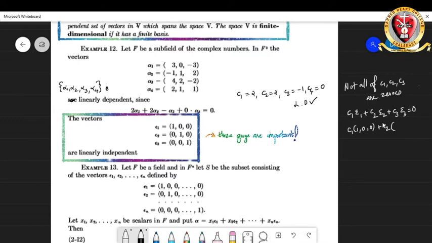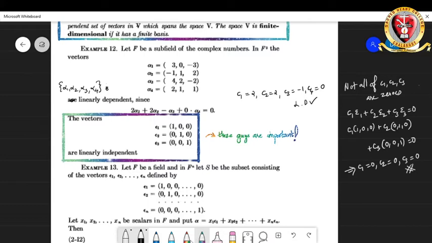That means this plus C2 into 010 plus C3 into 001 is equal to 0, but that will imply C1 is equal to 0, C2 is equal to 0, C3 is equal to 0. That is, all three of them are zeros. So that is a contradiction there.